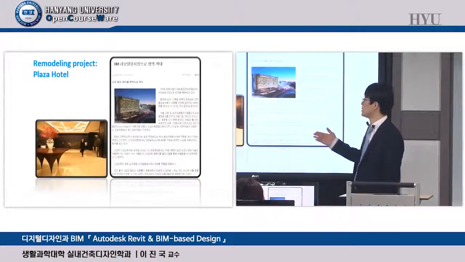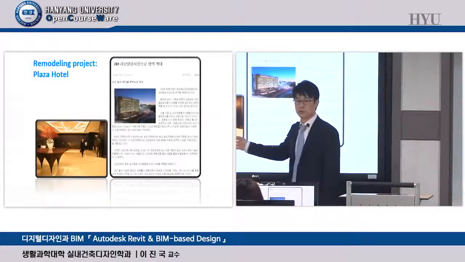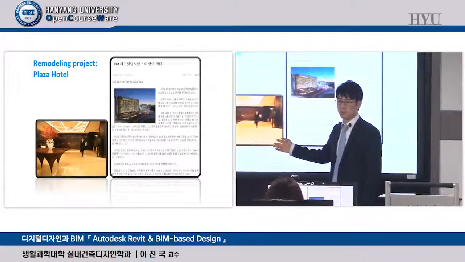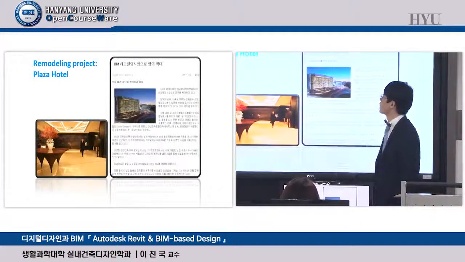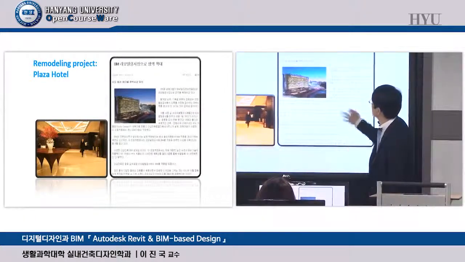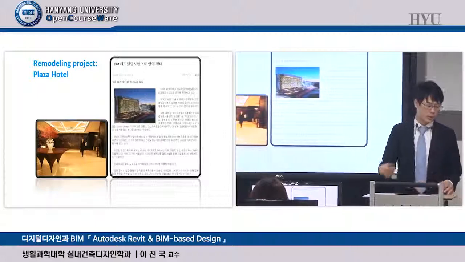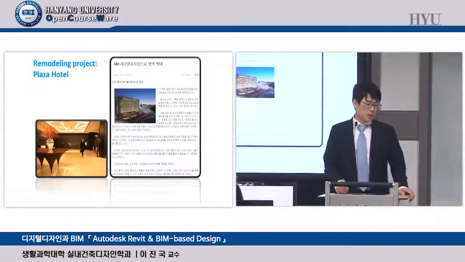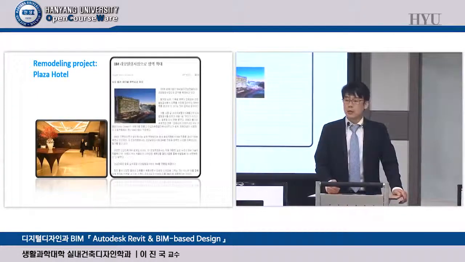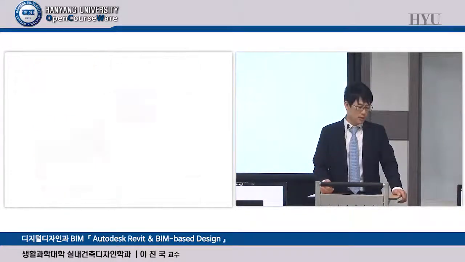Also, the interior of this hotel was totally renewed, remodeled. It also used BIM technology, even 5 years ago, done by Gansam Architects and some other companies. Okay, that's what happened. Just tiny cases we can take a look at.